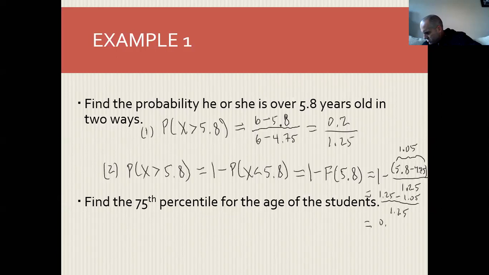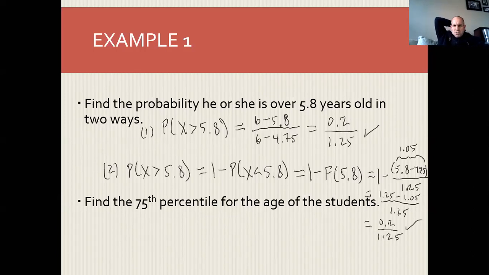That's 0.2 over 1.25, which is exactly what we got before. Check mark, check mark.